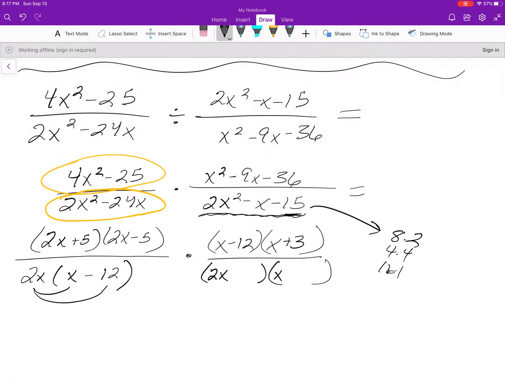All right, so to get the minus 15 there, what are we going to do? 8 and 2, that's going to be 16. 4 and 4. Oh, wait, now it's 15, so I have different numbers here.